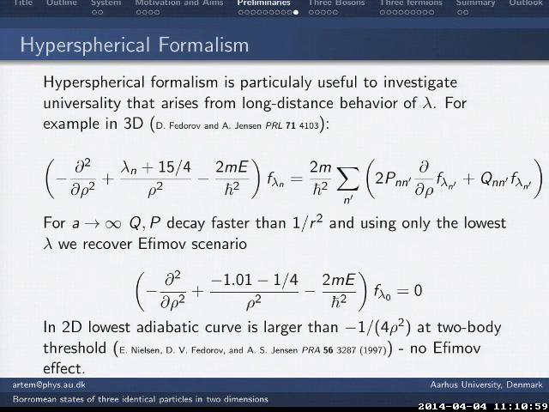In 2D, you can prove that the lowest adiabatic curve is larger than -1/4 rho squared at the 2-body threshold, which means that there is no Efimov effect. So you see that instead of solving the full equation, we end up with one really simple equation.